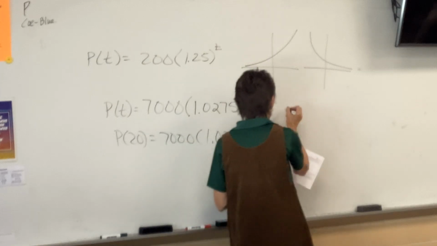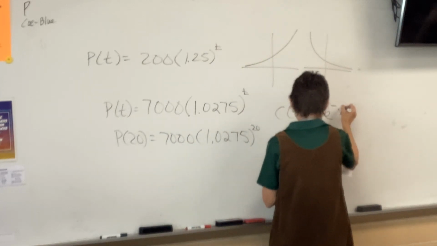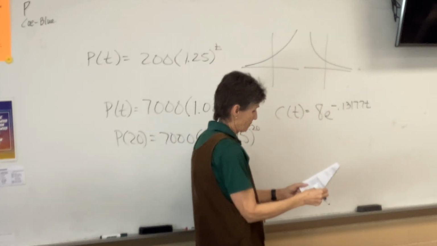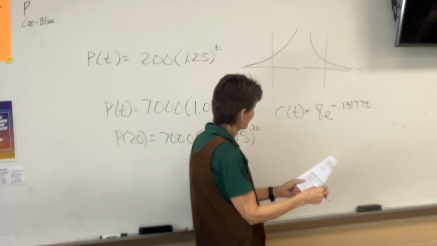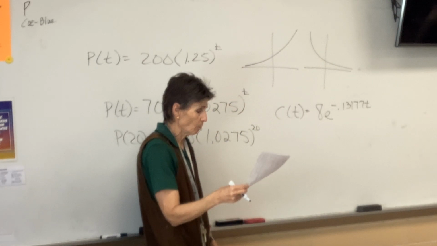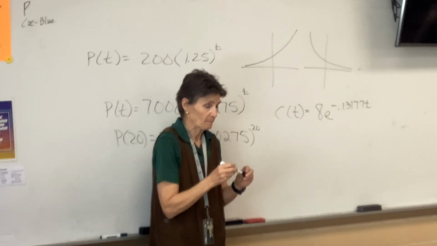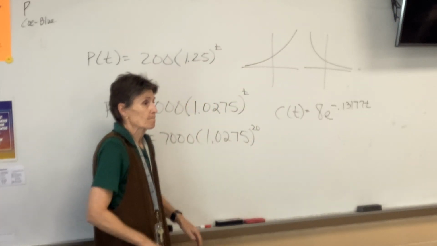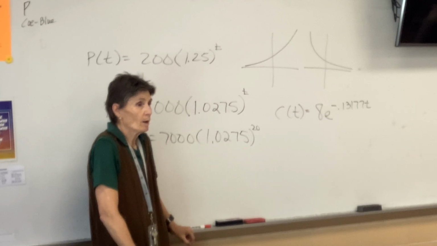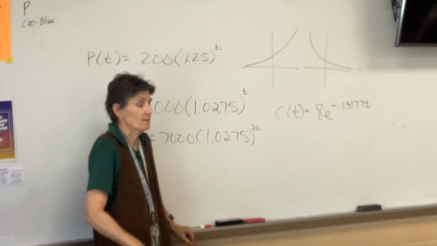All right, number 4. So they give me this formula, with negative 0.1. Show that the half-life of cobalt is approximately 5.26 years. We're going to do this problem 2 ways. One is a little more difficult than the other, but it's something we're going to need to be able to do later on in the unit.